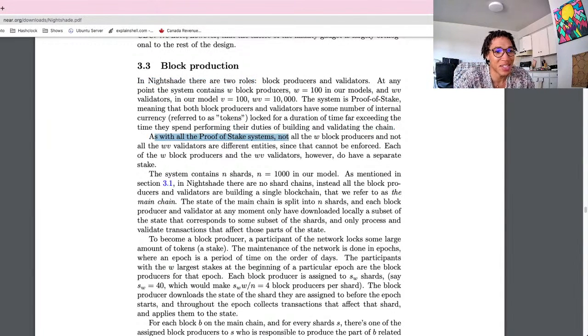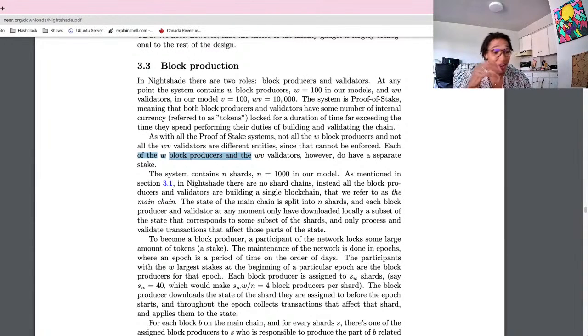As with all proof of stake systems, block producers and validators that are also block producers are different entities, since that cannot be enforced. Each of the block producers and the validators, however, do have a separate stake. Okay.